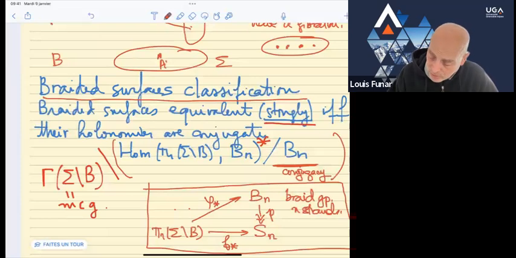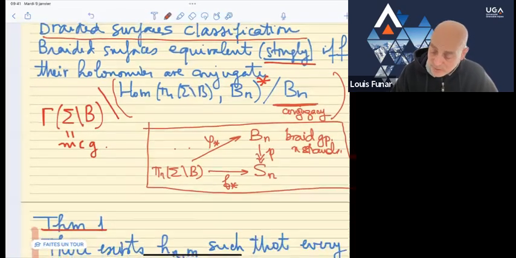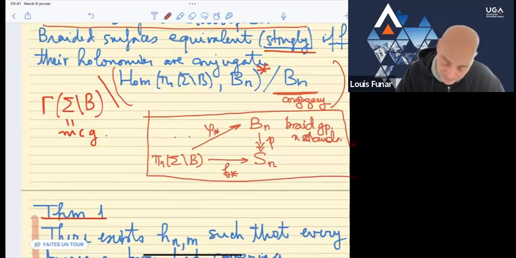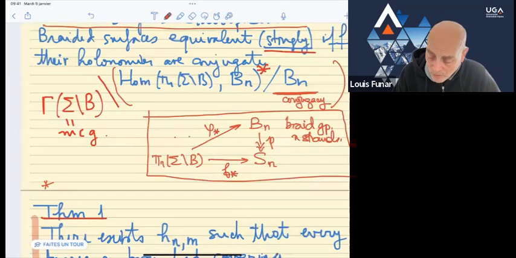And now I added also some star. This star is something a bit new because not all homomorphisms from sigma minus B into Bn can be obtained from such a braid group. You need some extra condition.